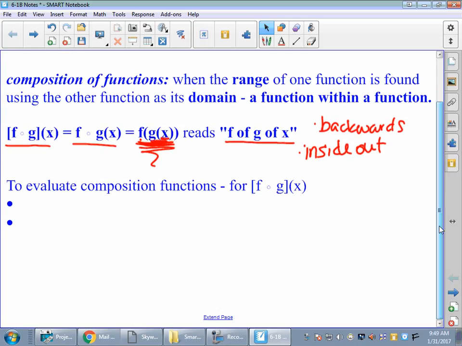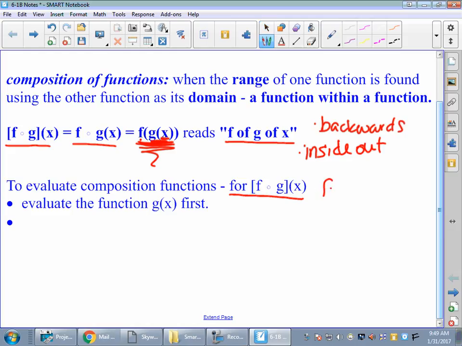So if you look at my rules here, I just want to point out that when we talk about the evaluation process, I'm setting it up in terms of f composition g. So if you see this problem, f composition g, you would evaluate g first, working backwards through the functions or inside out. And what I mean by inside out, that really is f of g of x.